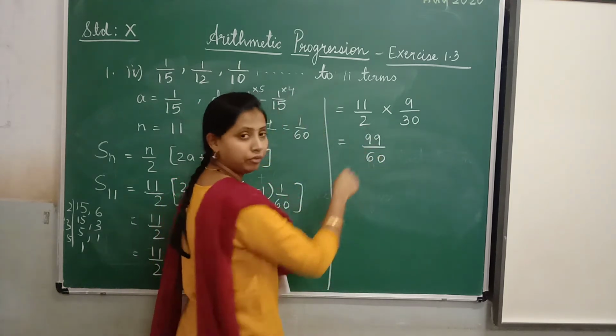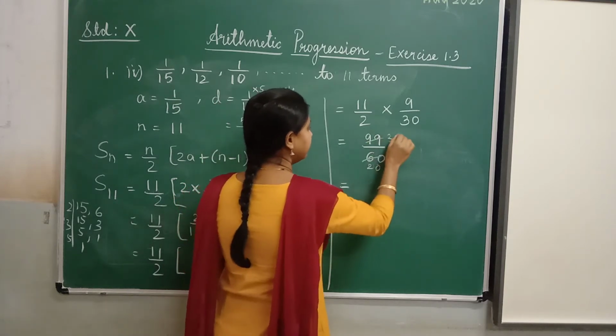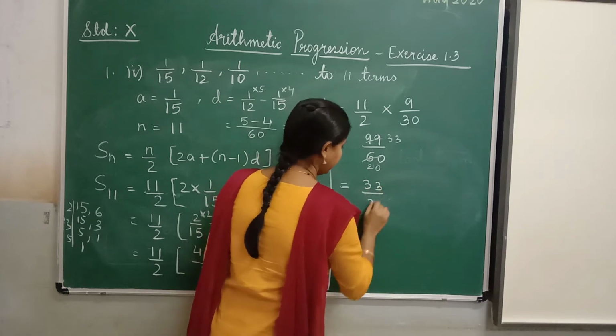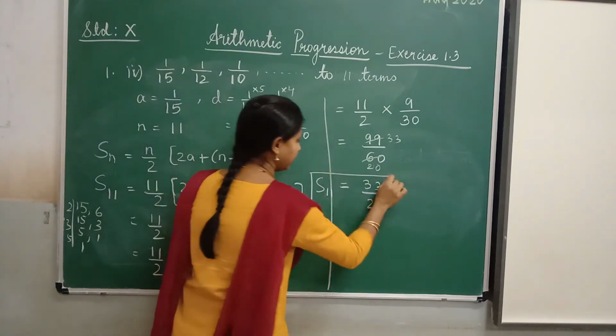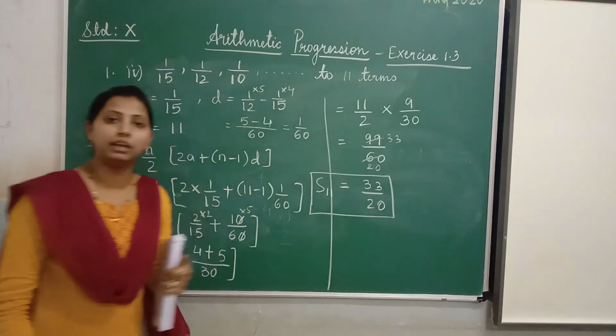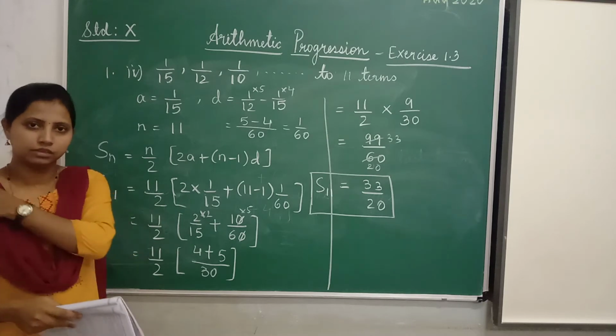You can simplify it. 3 2s are 6 and 3 3s are 9. So it is 33 by 20. So the sum of 11 terms of this particular AP is 33 by 20. Understood children? This is the way you have to find the sum of the terms.